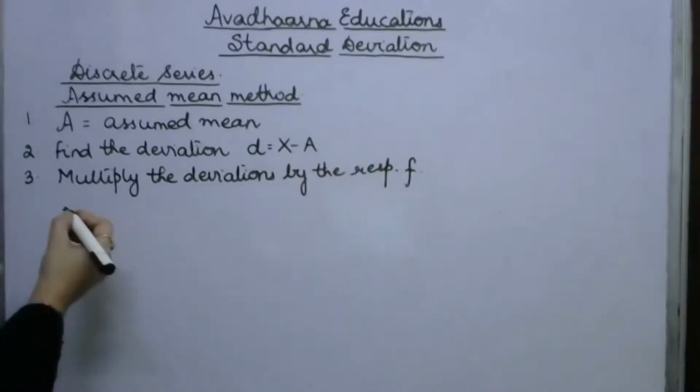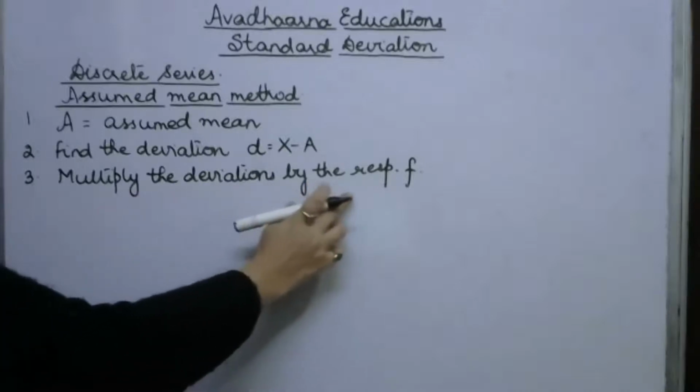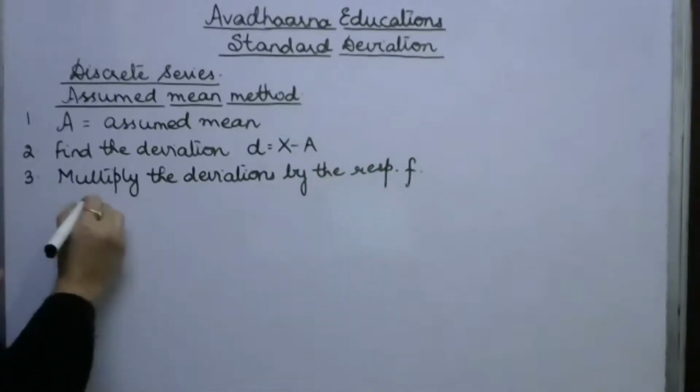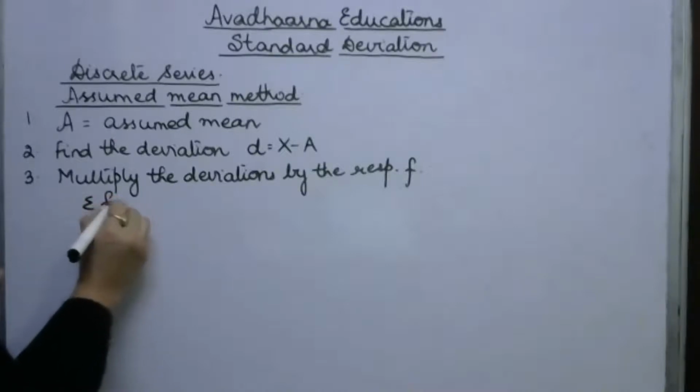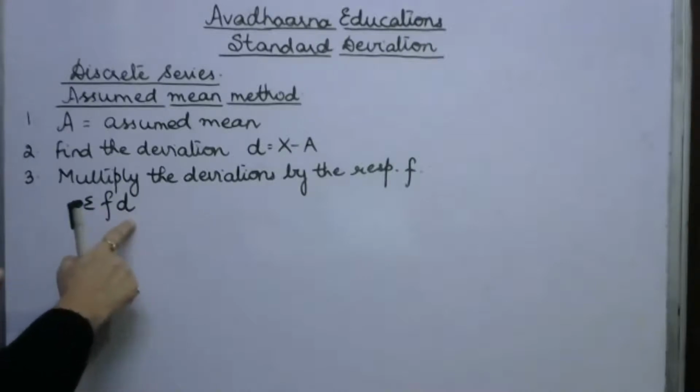And then by multiplying the deviations by respective frequencies, we are going to take the summation of the product of frequencies with respective deviations.